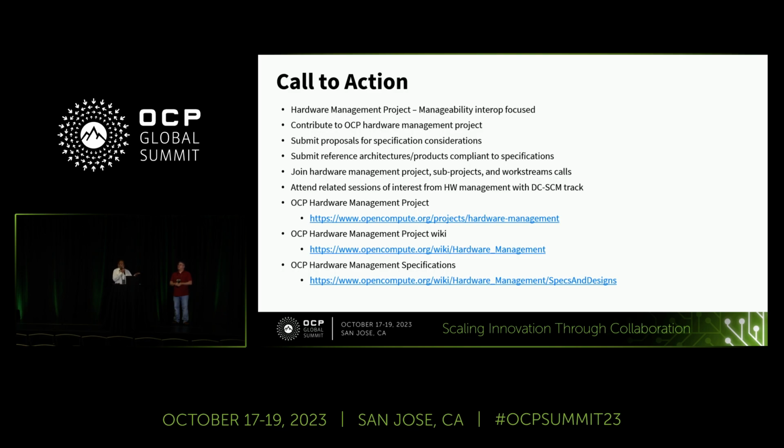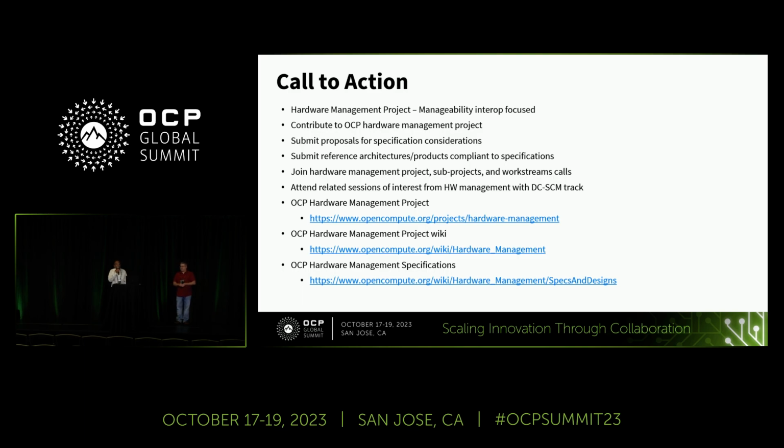The PMCI profile term that Jeff was talking about, like we have in OCP NIC 3.0, this kind of satellite management controller. More and more specs will be like that. And there are other work streams which are defining the APIs.